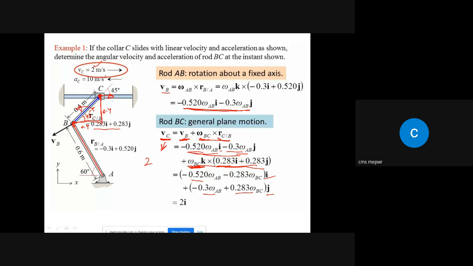So the direction is along the positive x-axis, and the unit vector along the x-axis is I. So instead of VC, we can write 2I. So I have put it equal to 2I. Now compare the I component with I. Put the I component equal to the I component on the right side, and the j component equal to the j component on the right side, which is 0.